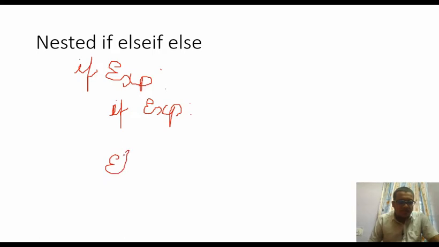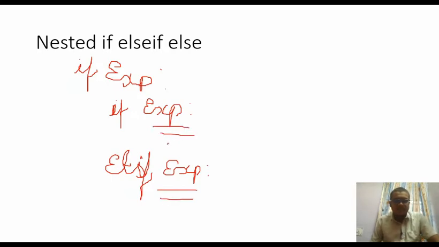You can have else if here, with an expression. If this is true, you can have some statements here. If this is true, you can have some statements here. If you need to check another condition, you can go for another else if.